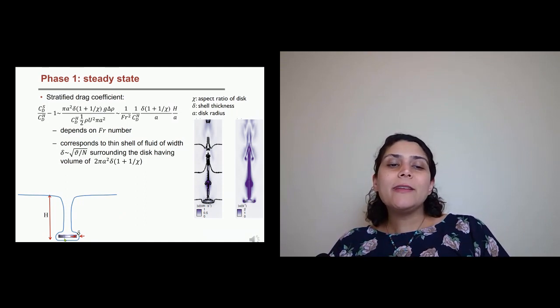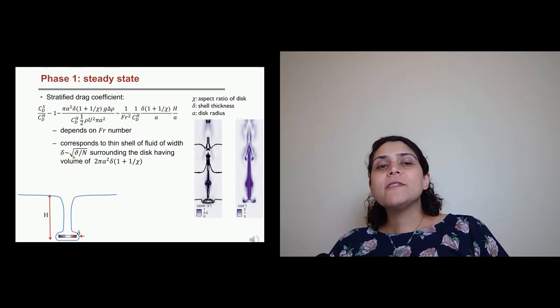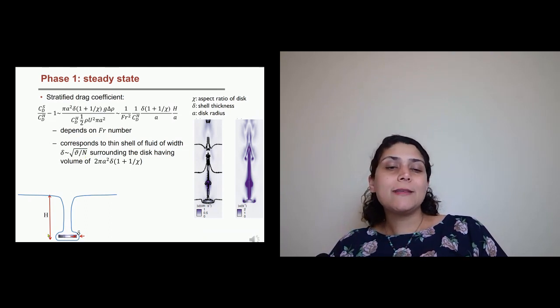That would depend on the thickness of this shell of light fluid, which scales with the length scale over which viscosity diffuses over the time scale of the stratification, as well as the distance that the light fluid has been trapped, which itself depends on the Froude number.